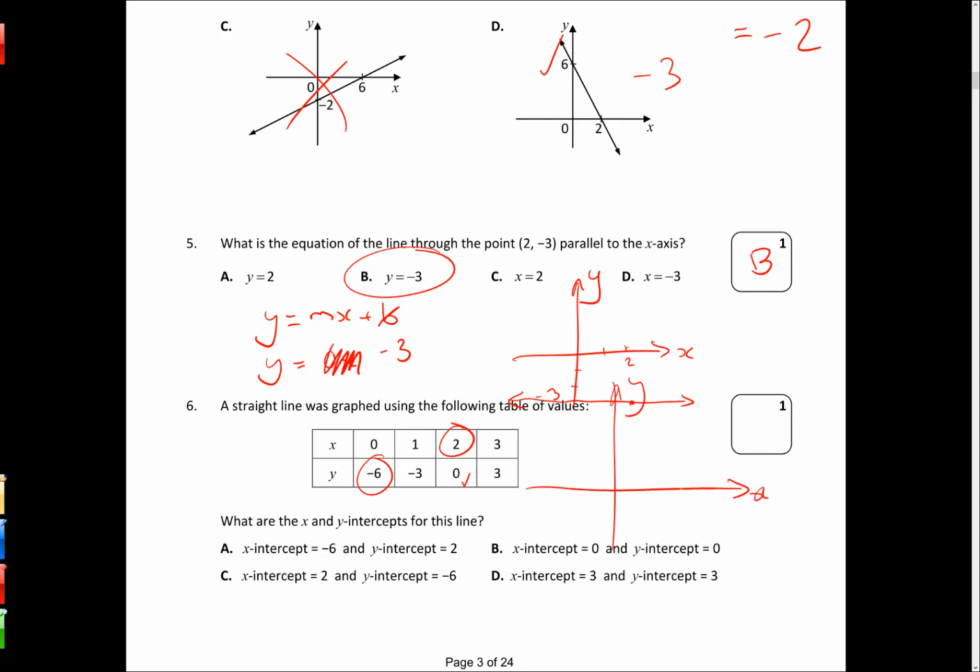When x is 0, y is minus 6. X is 0 means don't go horizontal anywhere, but y is minus 6. Clearly that's a y-intercept. It's touching the y-axis. The other one is a point when x is 2. I'm over here at 2, y is 0. They're the x and y-intercepts. So we've got x-intercept as 2, and y-intercept is minus 6. Yep, C.